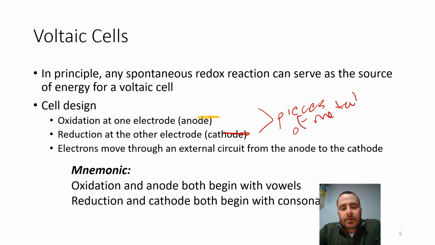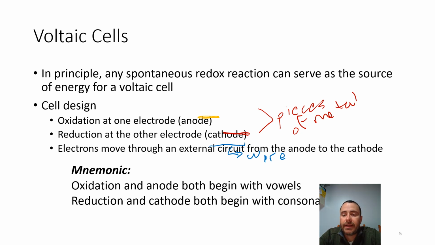Our electrons are going to move through an external circuit from the anode to the cathode. External circuit is a fancy term for a wire. So basically our electrons move from our anode through a wire into the cathode.